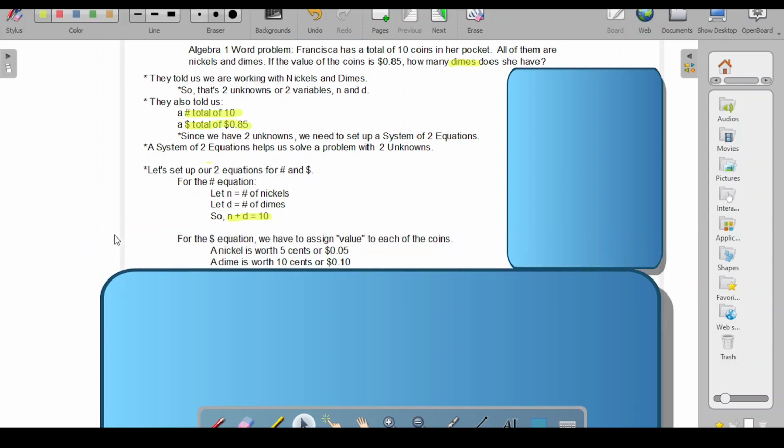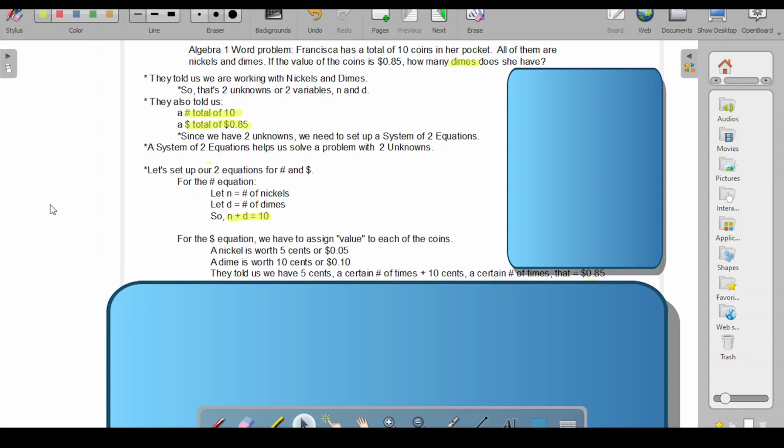And a dime is worth 10 cents, or $0.10, or 10 hundredths. But that's how we write it.